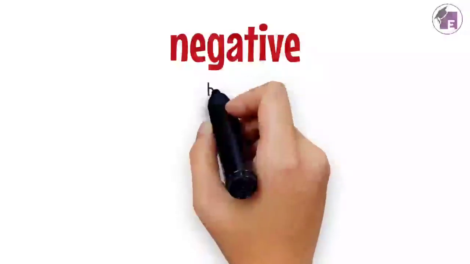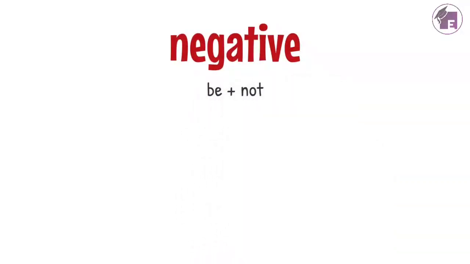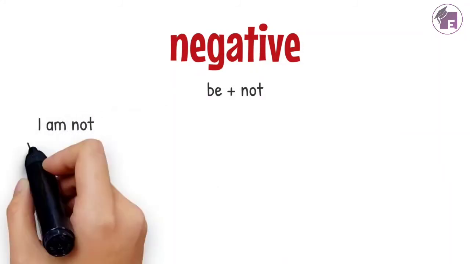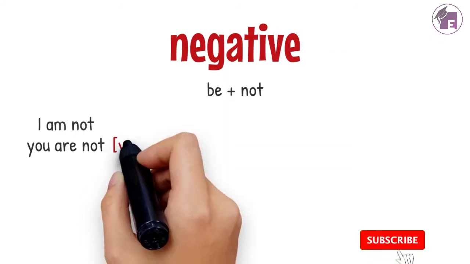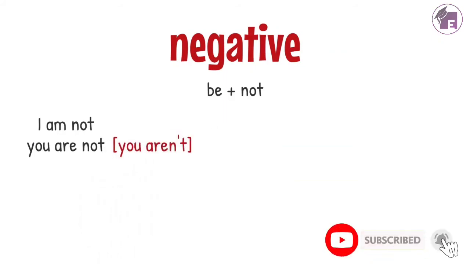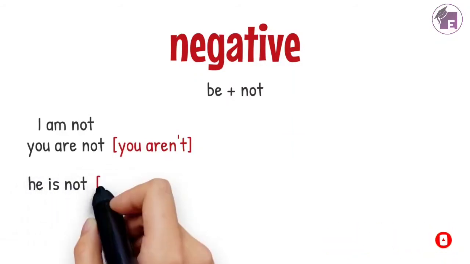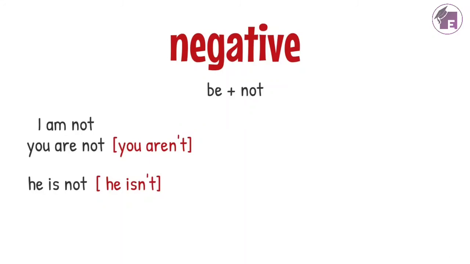And to make a negative statement, we use be plus not. I am not. You are not, or you aren't. He is not, or he isn't.